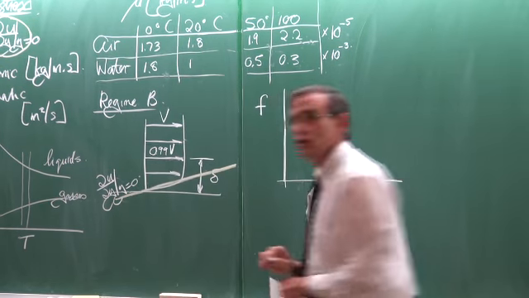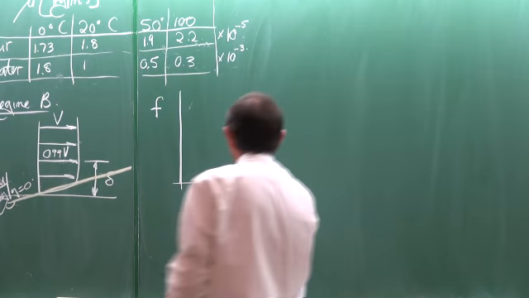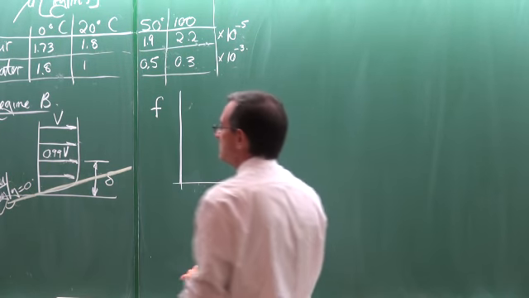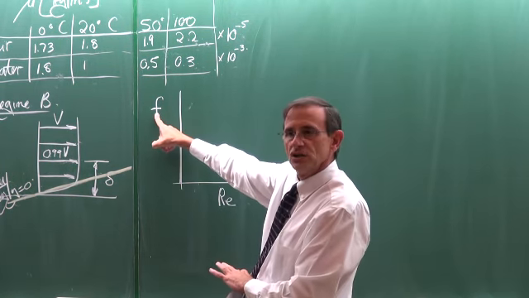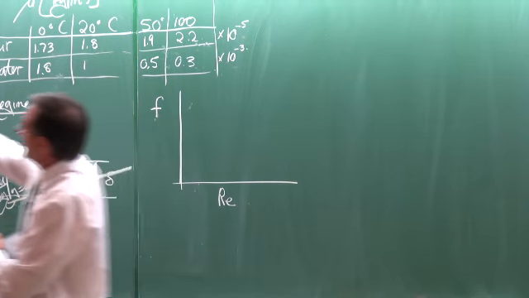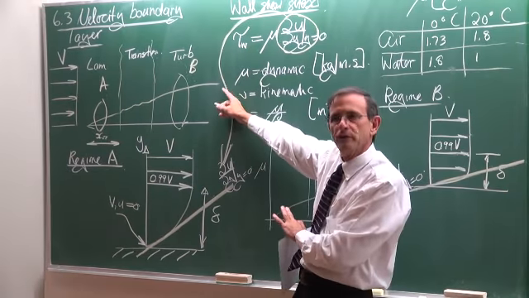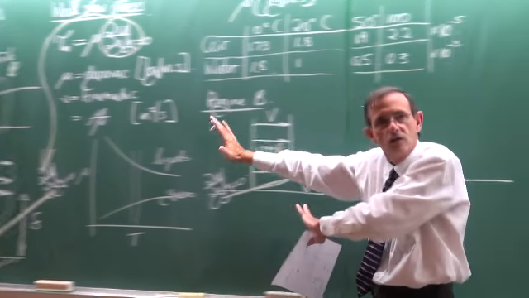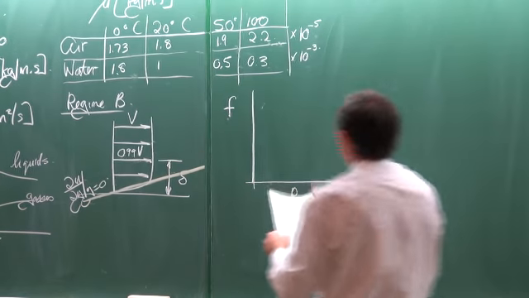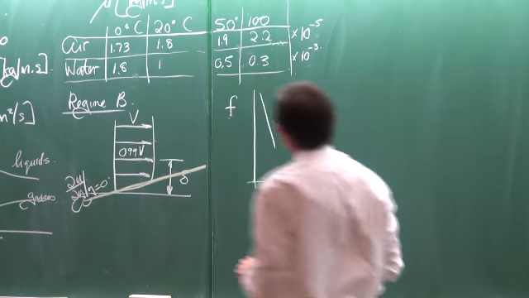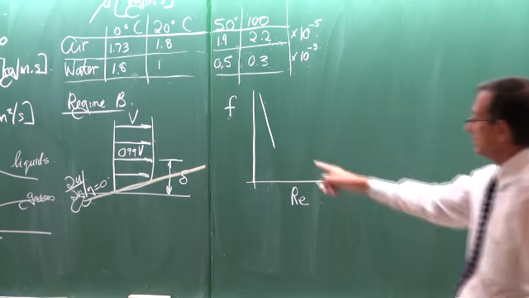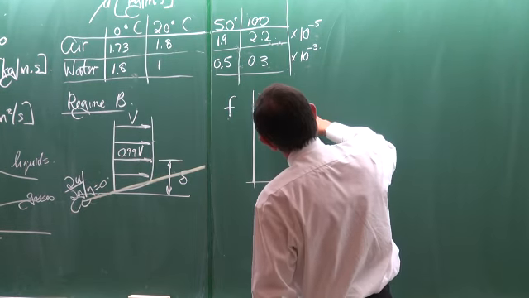If I can just go back to the Moody diagram, the friction factor as a function of Reynolds number, there's a direct relationship between the friction factor and tau, or the friction coefficient. I'm not going to do the derivation of that, but just to give you an idea, if you look on the Moody chart, you'll see that it looks typically like that.